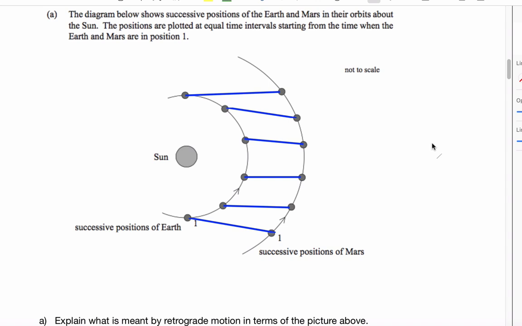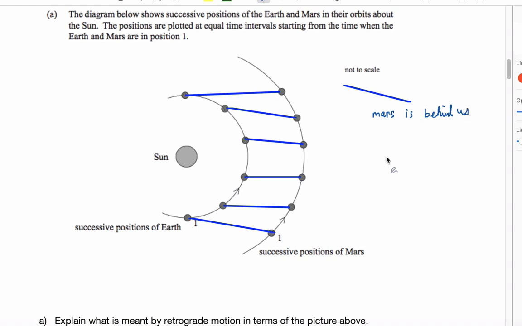And what's happening is anytime the line connecting Earth and Mars looks like this, what that tells us is that in this case, this is going to look like Mars is behind us.